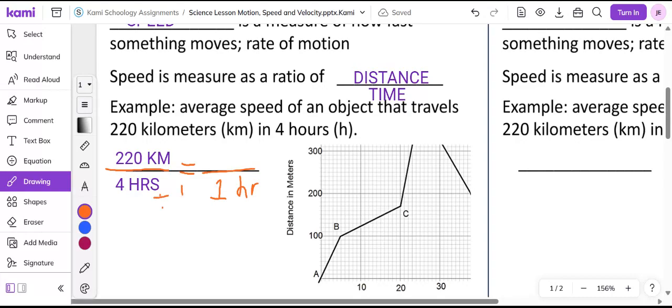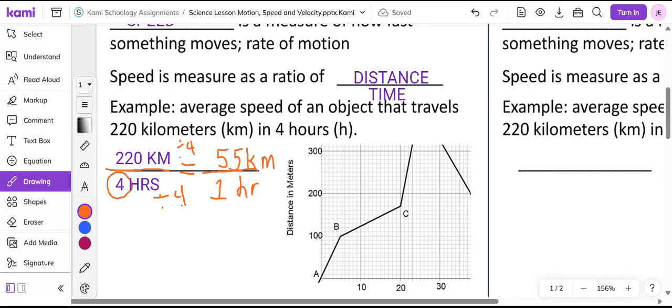If we do some simple math here, we divide by 4 and divide by 4. 4 hours divided by 4 gives us 1 hour. 200 kilometers divided by 4 gives us 50, and 20 kilometers divided by 4 gives us 5.